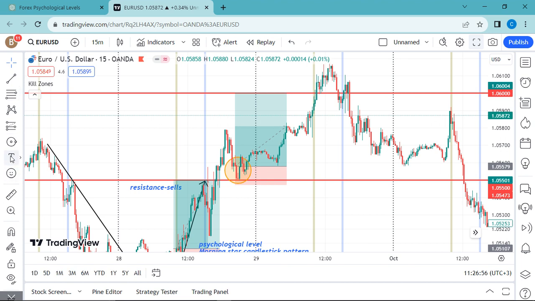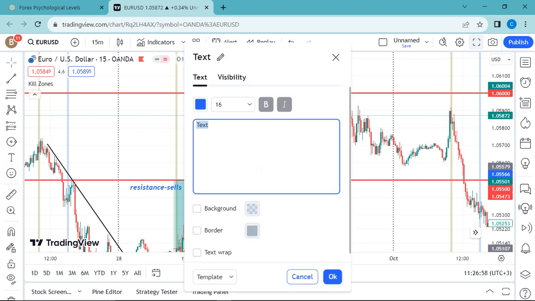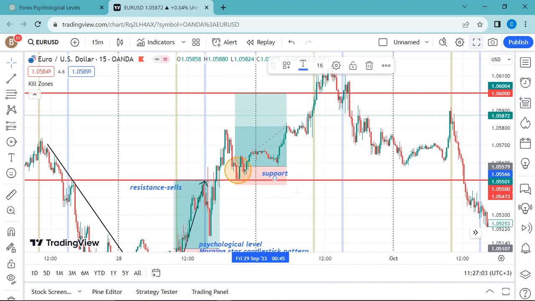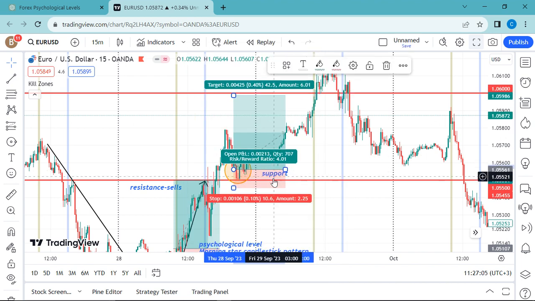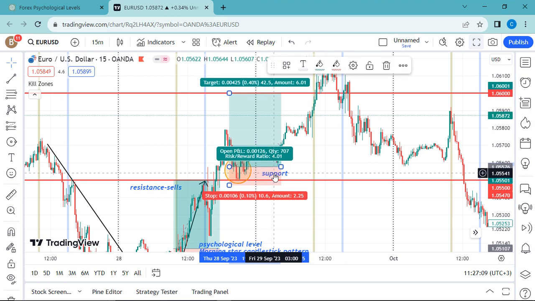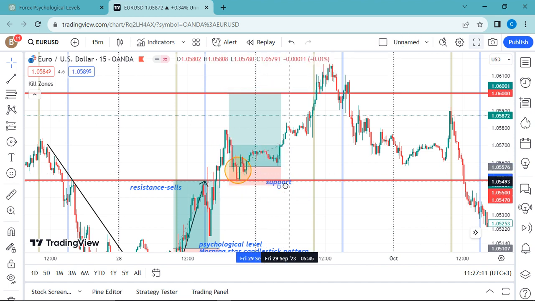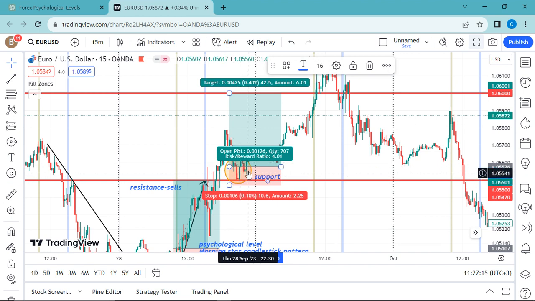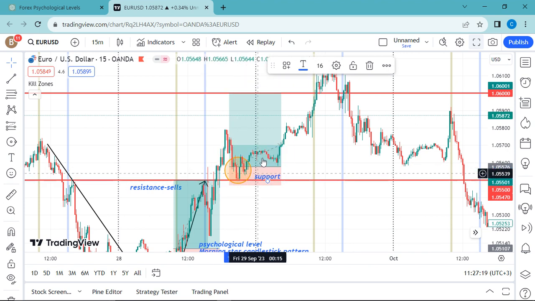It acted as support. It acted as support again over here. It acted as support, and also it created this is called a bullish engulfing candlestick pattern.